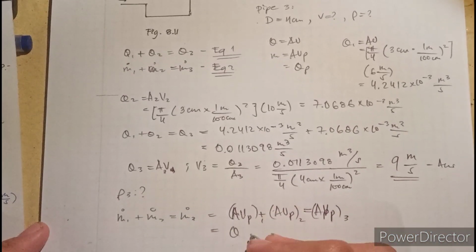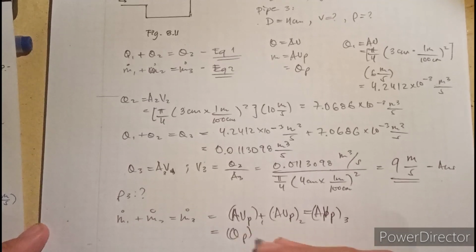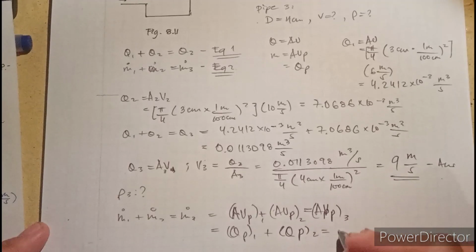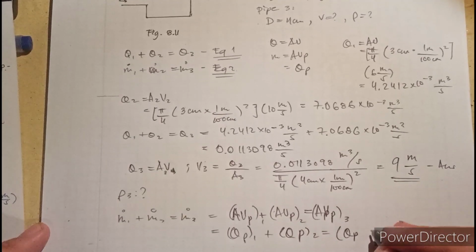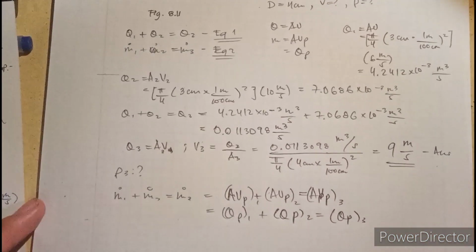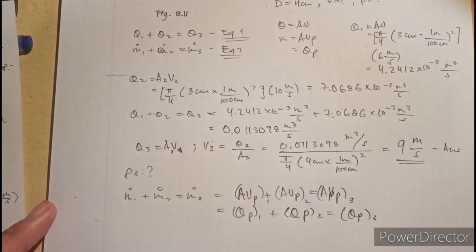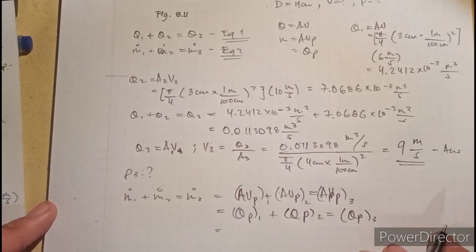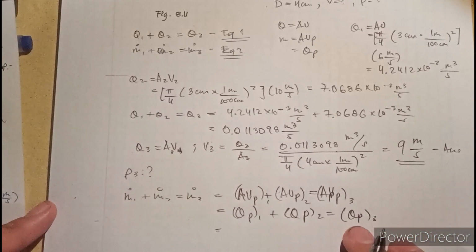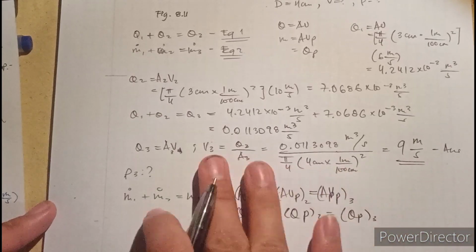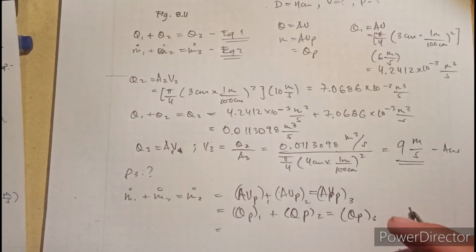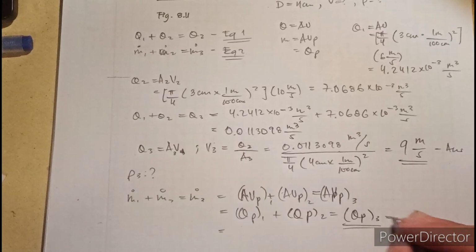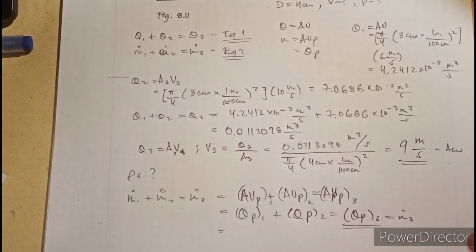Since AV is equal to Q, Qρ1 plus Qρ2 equals Qρ3. Since we have Q3 but we don't have density 3, we could leave this section as mass flow rate instead.